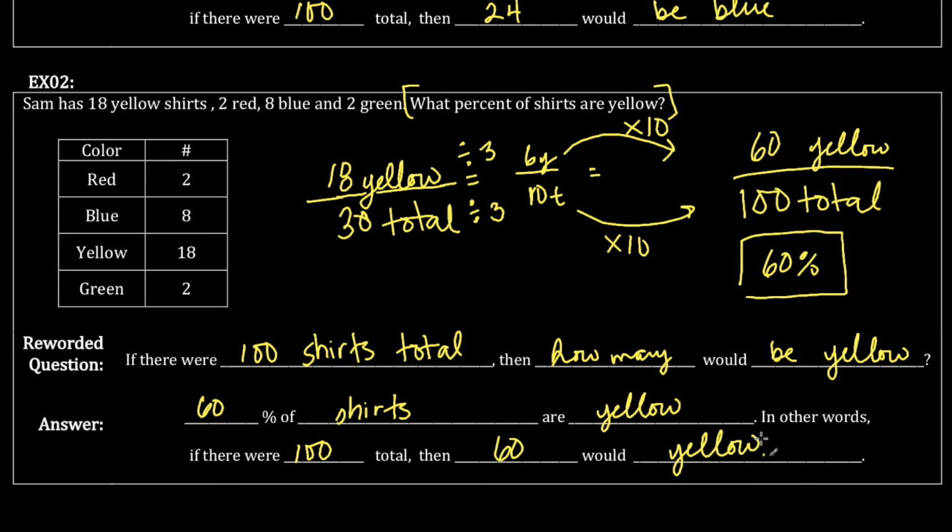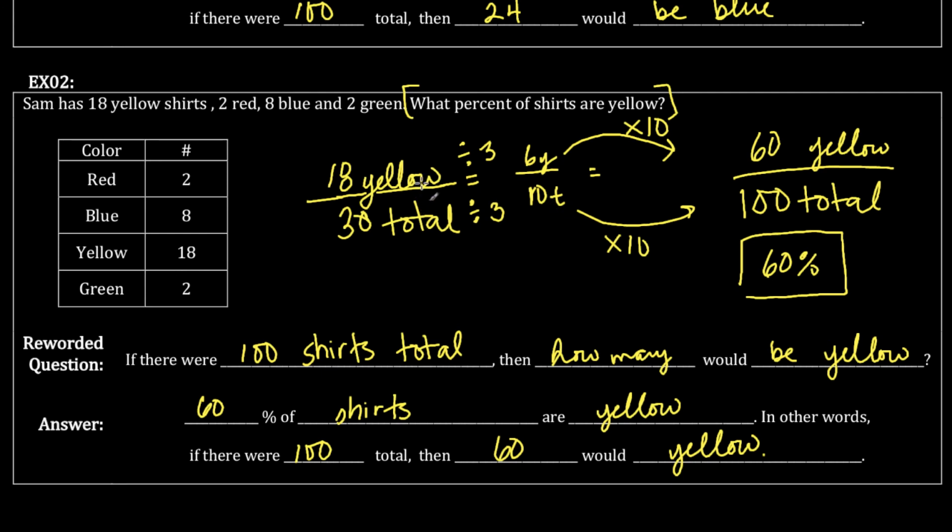So let's back up for a moment. In this problem, there were 30 total shirts. 18 of them were yellow. It asked what percent, which means how many would be yellow if there were 100? We know there's 18 yellow if there's 30, but we're not asking about 30. We're asking about 100. So I reduced my fraction.